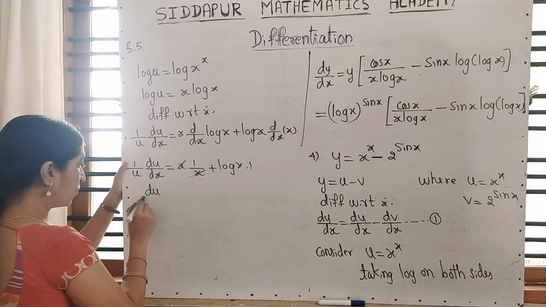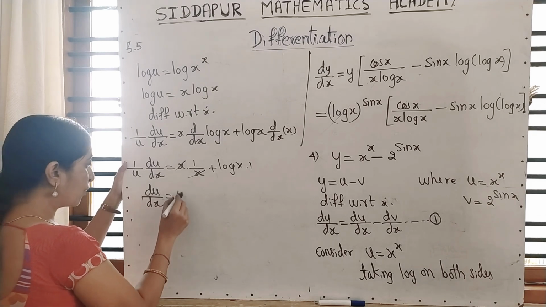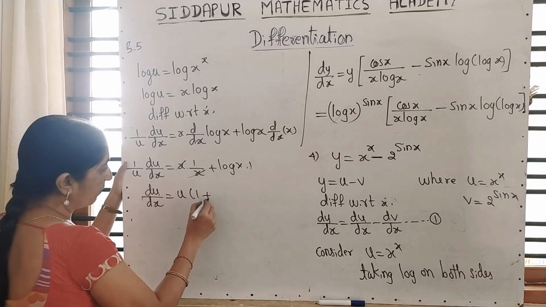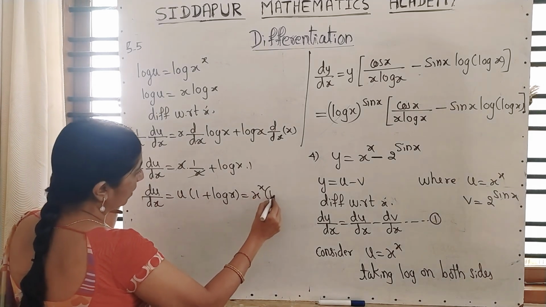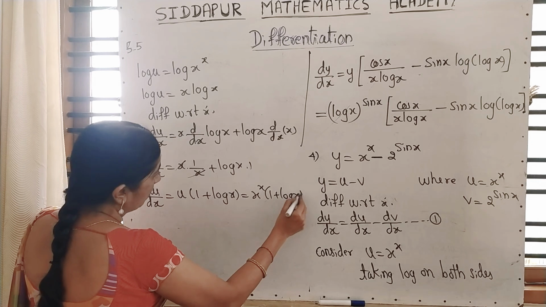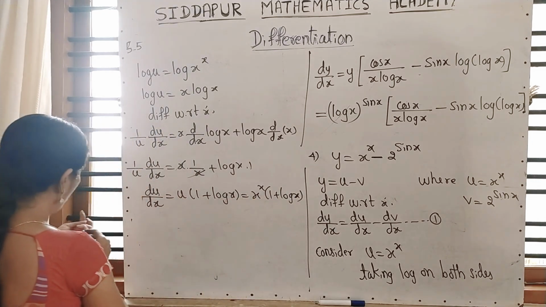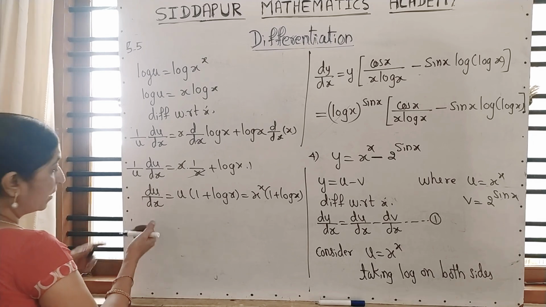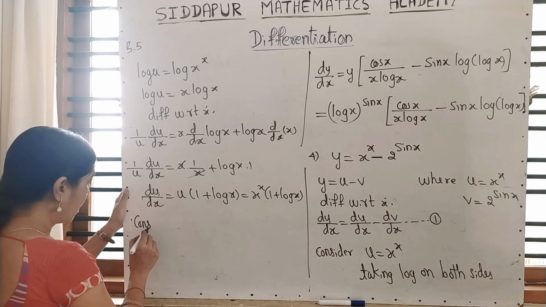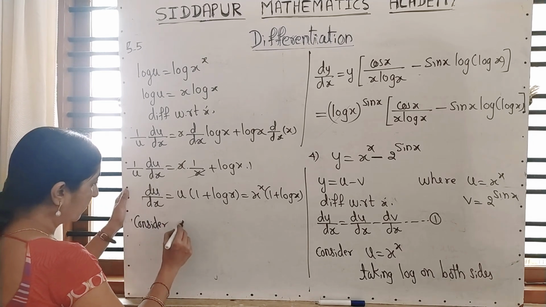So du upon dx will be u, I took u on that side, 1 plus log x. U value is x raised to x into 1 plus log x. Next, one more part is there, v. See, consider v. For v, is it necessary to write log?